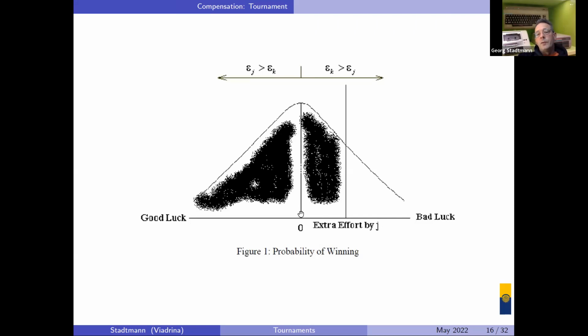So 50-50 would mean we are in the middle of this distribution, but this second vertical line is to the right, and therefore maybe the probability for agent J is 75% to win the first place, because agent J exerted a higher effort level.